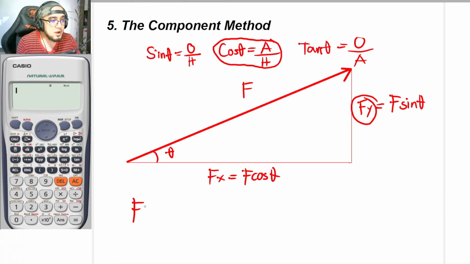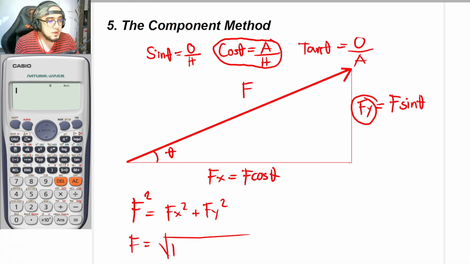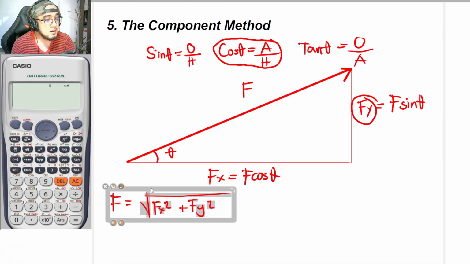The value for your f, or the resultant f, or the magnitude f, is equal to, so f squared is equal to fx squared plus fy squared. And getting the square root of both sides to get rid of this exponent, f is now equal to the square root of fx squared plus fy squared. So this is another equation that you should take into consideration.